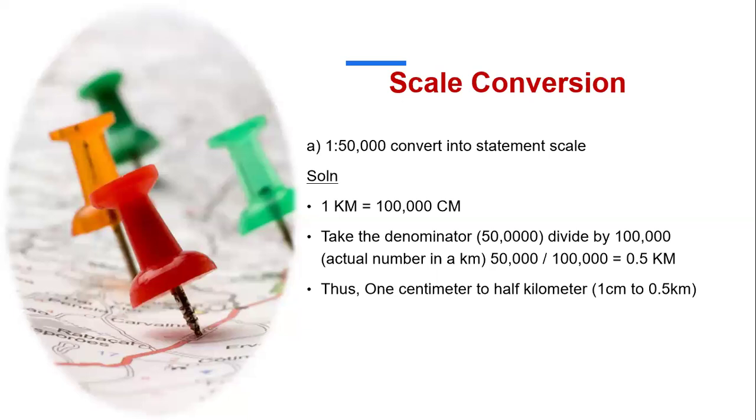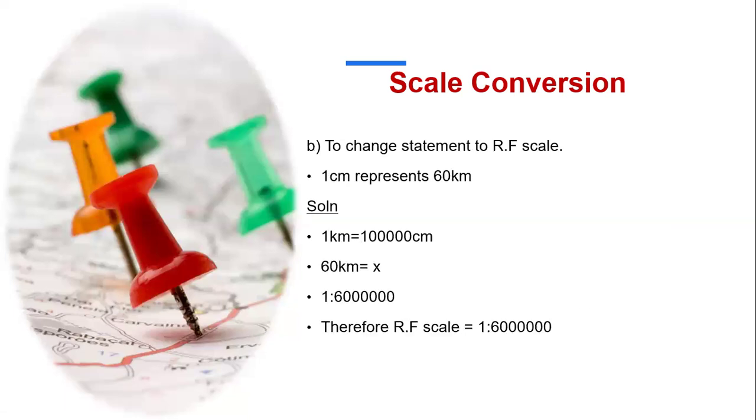Now take the denominator, 50,000, divided by the 100,000 centimeters in a kilometer. So if you take 50,000 and divide by 100,000, you get 0.5 kilometer. So that is 1 centimeter to 0.5 kilometer. So we've changed this representative fraction scale into a statement scale, which says 1 centimeter to half a kilometer.